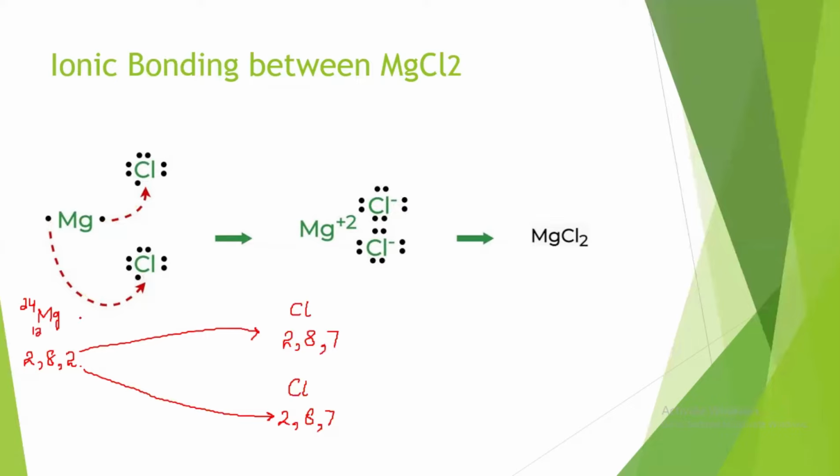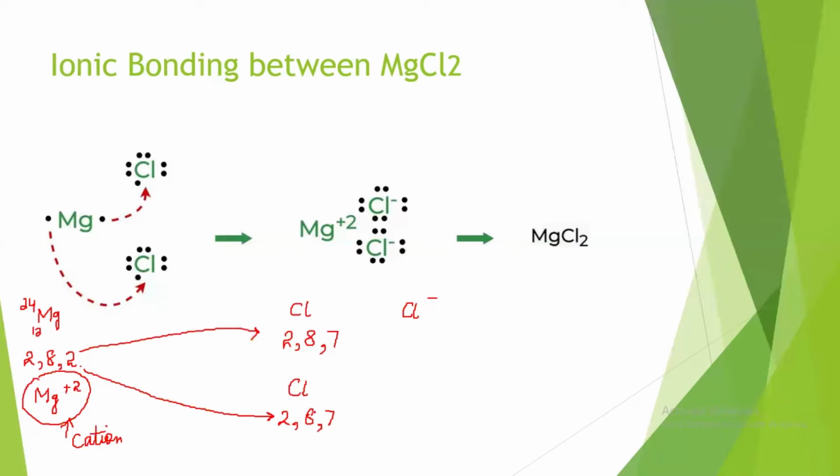You can see that 1 electron is transferred to this chlorine and 1 electron is transferred to this chlorine. In this way, as magnesium loses 2 electrons, it has a +2 charge, and now it has become a cation. And now chlorine has gained 1 electron, so it has become an anion.